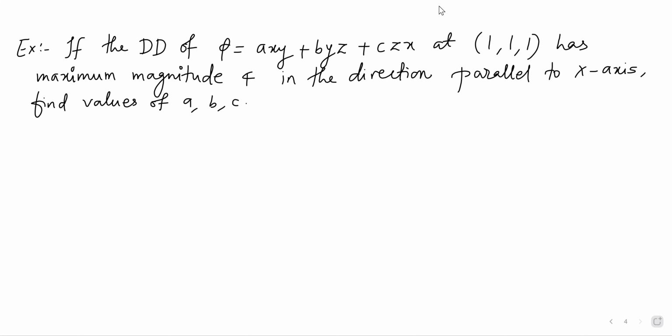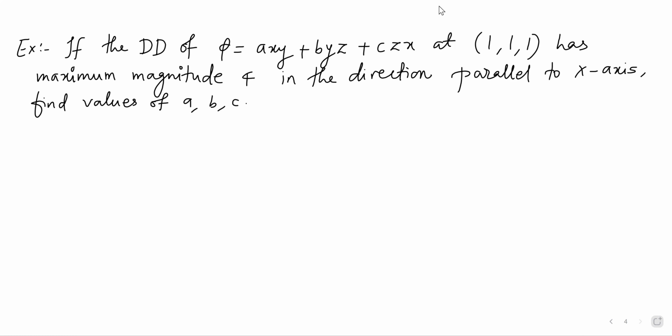Now earlier I have given you an important note: the maximum magnitude of the given scalar point function phi is mod of del phi itself. Correct. So del phi is the maximum magnitude, and of course the direction is nothing but del phi at that point, correct?